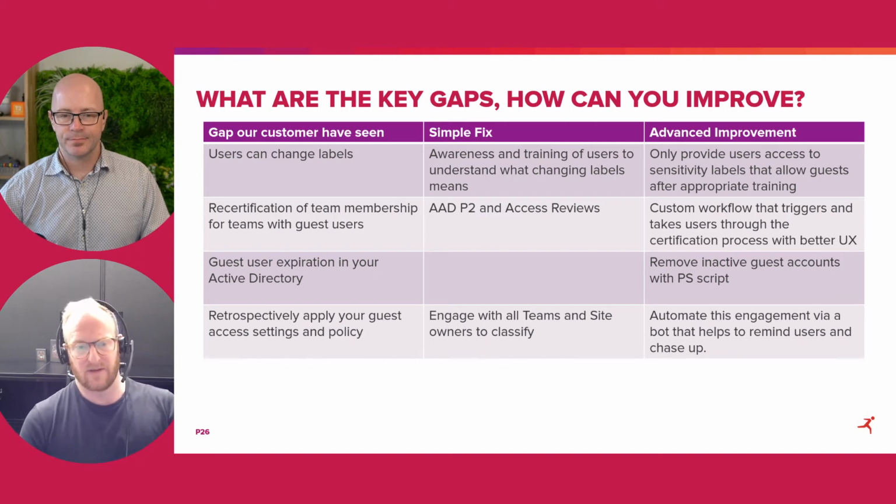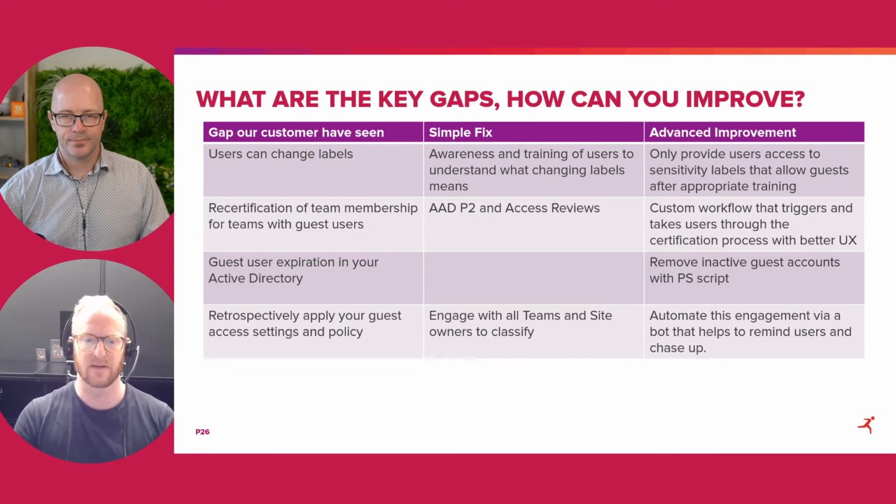And then I think we've talked about this a little bit already, but just to reiterate, you come up with the new settings of what you want to make your environment secure for guest access. A lot of that will be about sensitivity labels, but it's how do you then get those retrospectively applied? If it's a greenfield deployment of Teams and you haven't used it yet, it's pretty easy. You set up the rules and you use them. The hard part is going back and applying it to the 1,000 or 10,000 teams you already have.